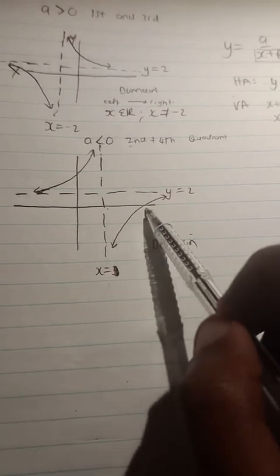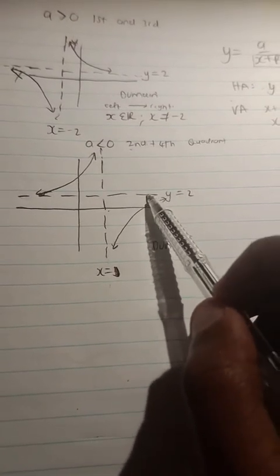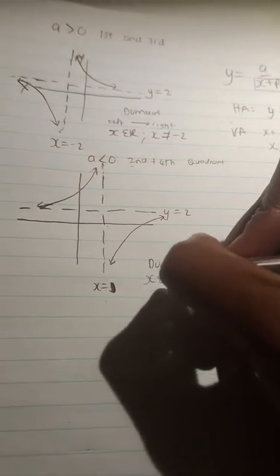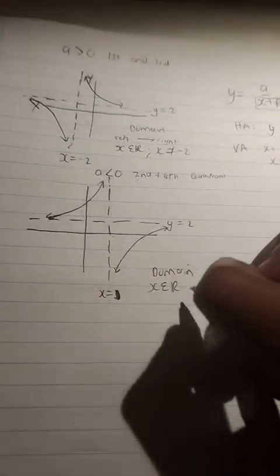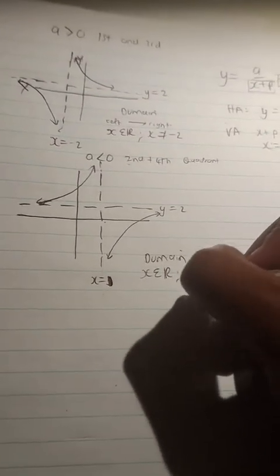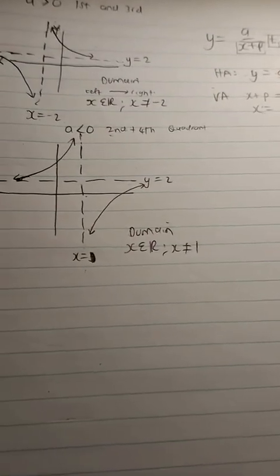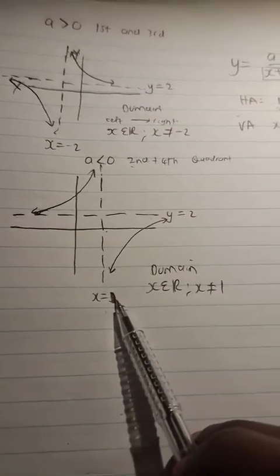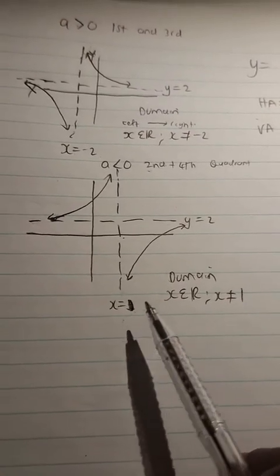After the asymptote, it continues increasing, never touching that line, goes in an infinite direction. So when we write down the domain for this function, what do we say? We say x is an element of real numbers, but x cannot be what? X cannot be 1. I hope we are together.